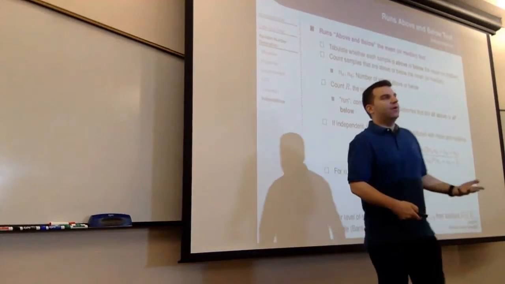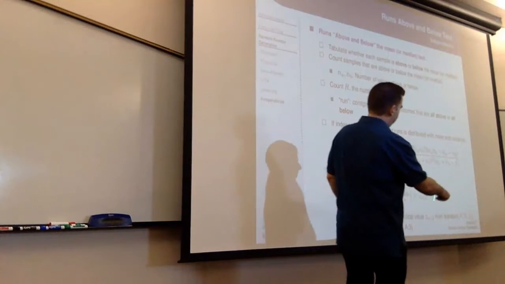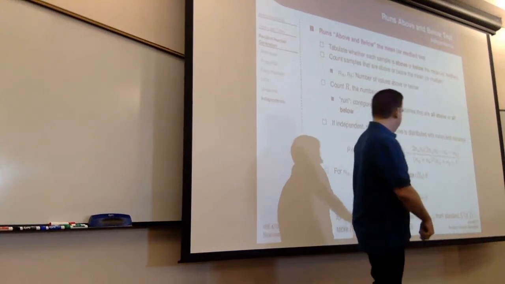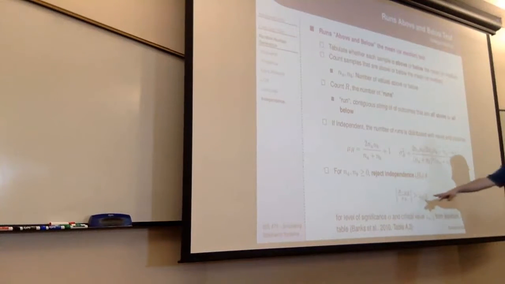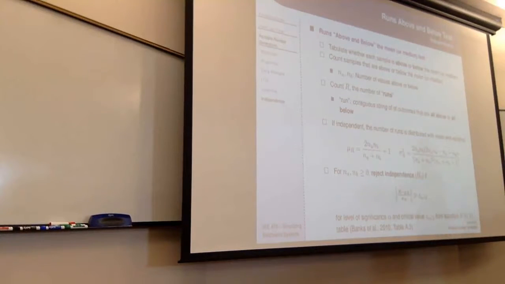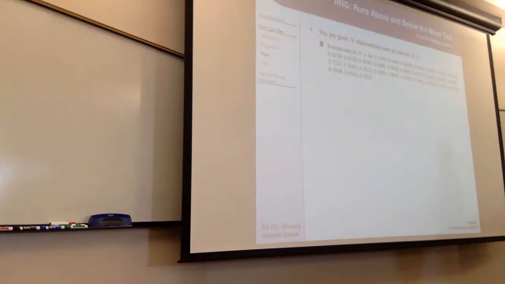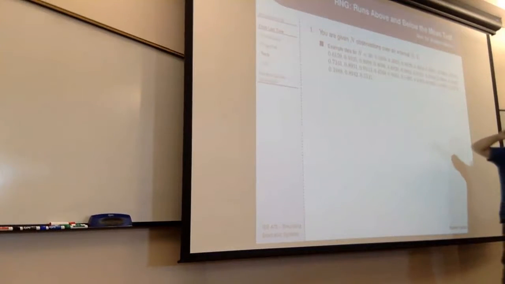That will give you a number that you can look up in the z-score table, which I'll give you on a midterm. Because it's a two-sided test, you compare to the alpha over 2 level of the table, not the alpha table. So I'll say 0.05, but you're going to need to look for 0.025. I'll show you that. So here's a numerical example that goes through all of those steps. 30 data points. I want to know, are they independent?